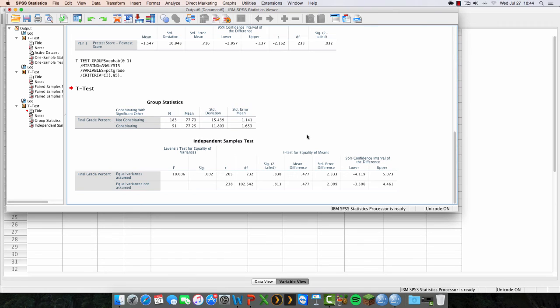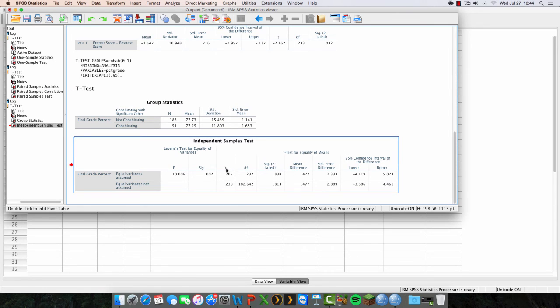Let's check. Now don't get confused on this table because it's reporting some things you don't need. There's an F test over here that's not important to us at all. What you're interested in is everything here in the middle from T to degrees of freedom to two-tailed significance. That's the stuff you want to get.